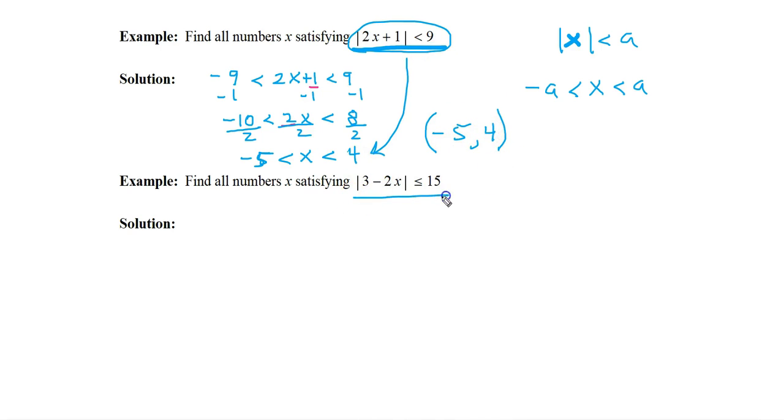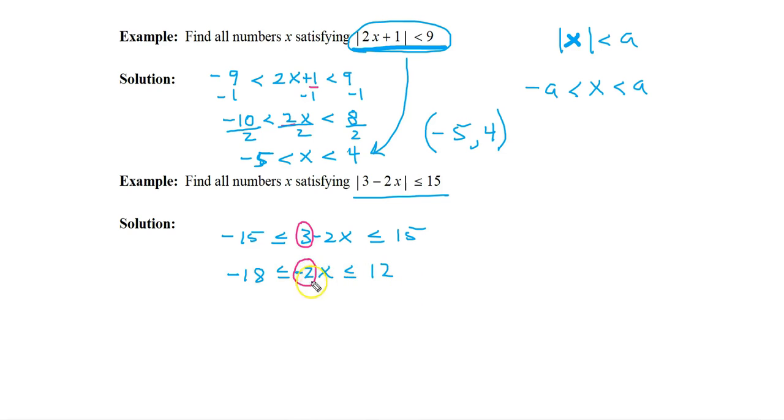Now let's take a look at this one. We do the same thing. We set up the inequality. Now we want to isolate the x, so we're going to get rid of this 3 first by subtracting 3 from each term. And when we do that, we're going to get this. Now we have to get rid of this -2.